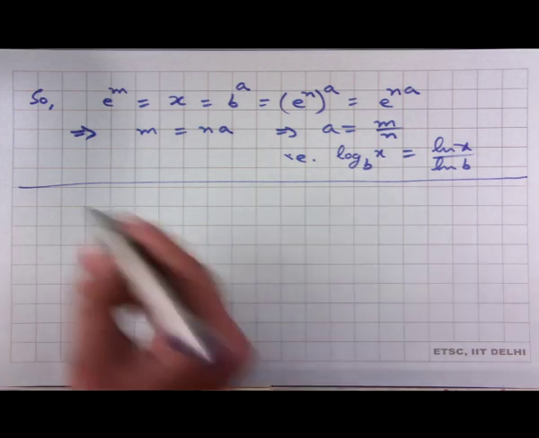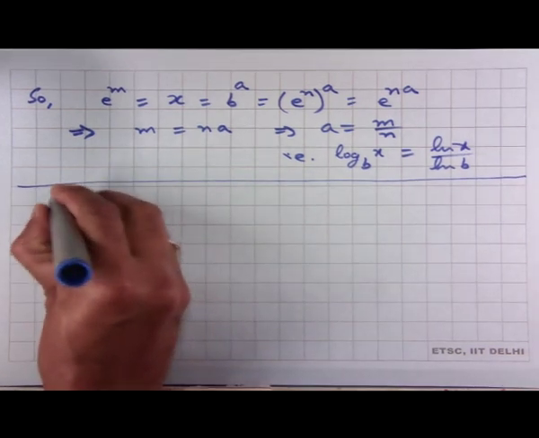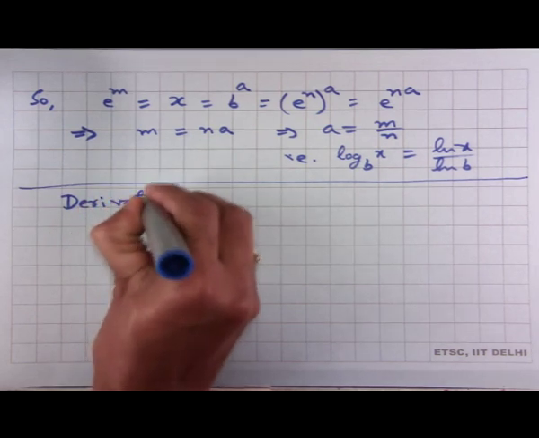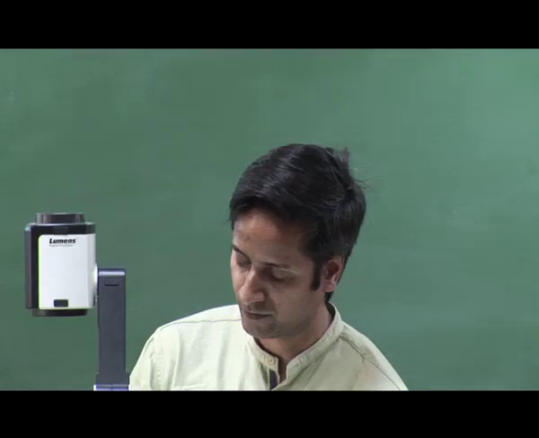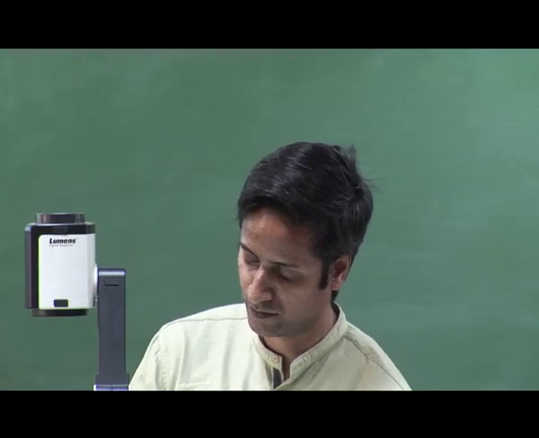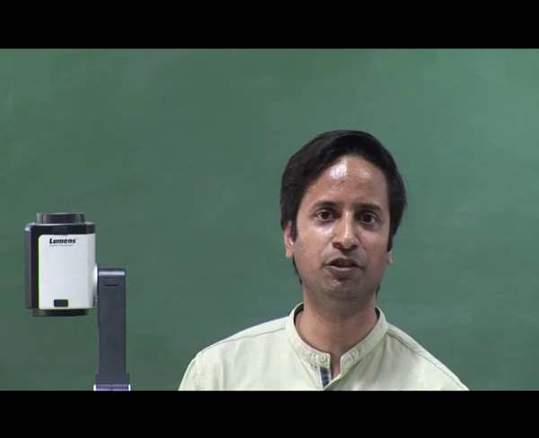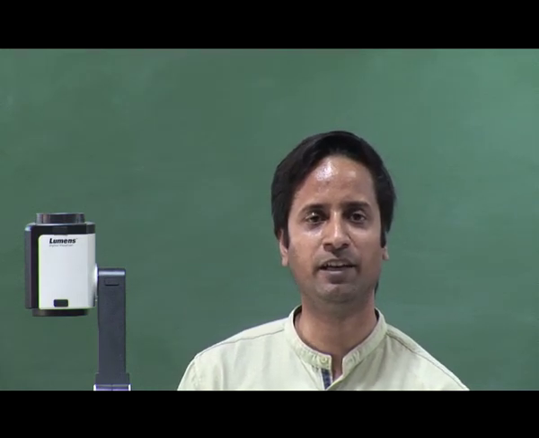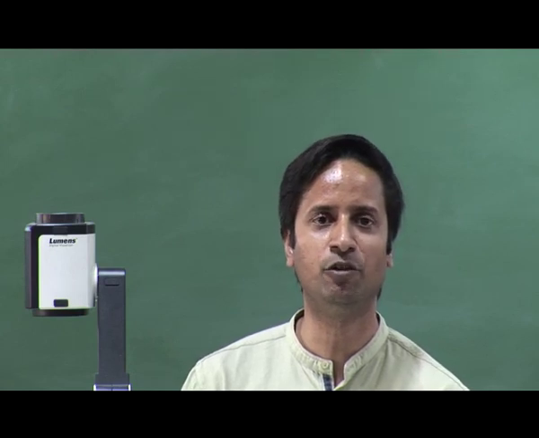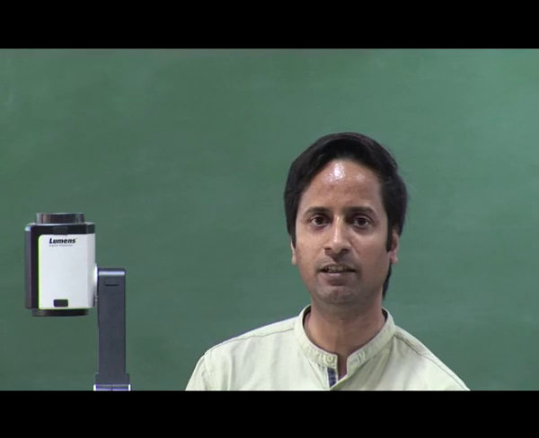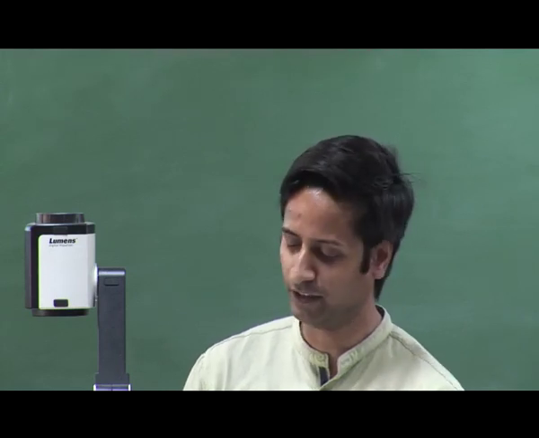So, now we will try to find the derivative of ln x. So, remember that we have seen that using chain rule we can calculate the derivative of the inverse of any function if I know the derivative of the function. So, we will use that to calculate the derivative of ln x.